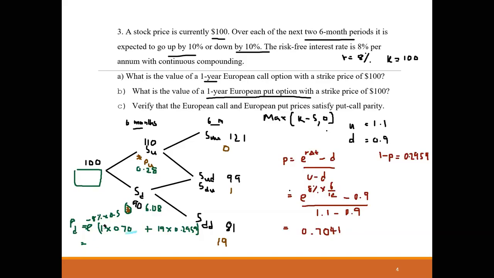So the value of P would be, at this point the expected value will be: if it goes up, the price is 0.28, but the chance of it going up is only 0.7041.